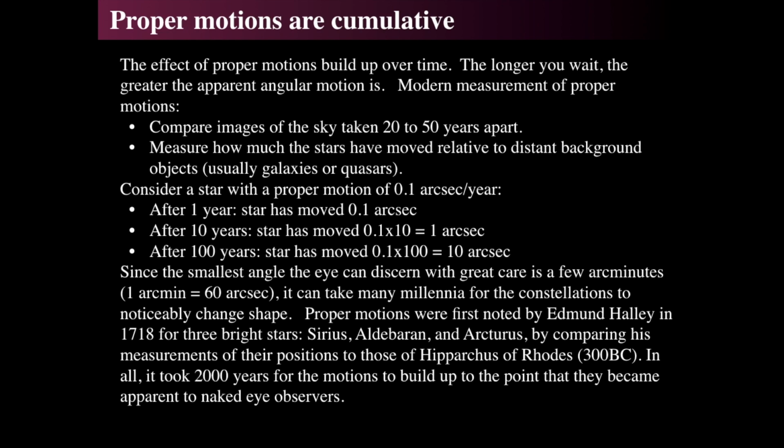So if it's got a 0.1 arc second per year motion, which is a pretty nearby star, then it'll move almost a full arc second in a decade. And an arc second is a typical angle that you would think of as a parallax, or the boundary angle for parallax.